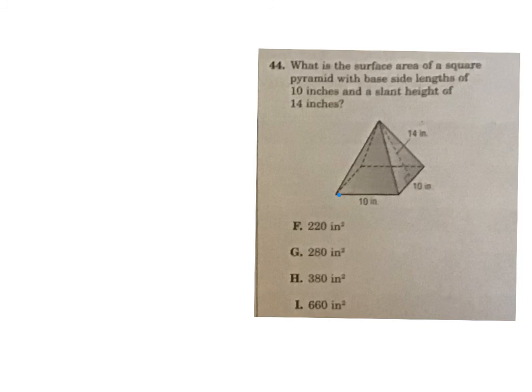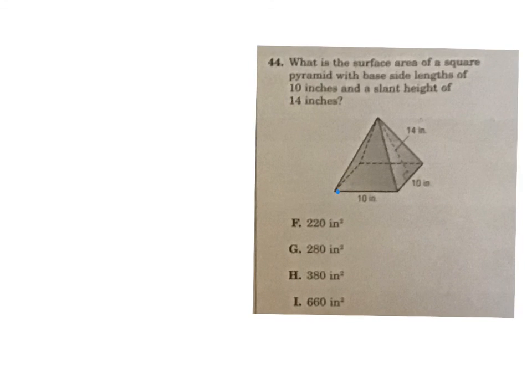Surface area of a square pyramid with the base side lengths of 10 inches and a slant height of 14 inches. All right, so let's do the bottom one here. It is a square. So that, it's a 10 by 10. So the base is 100 inches squared. Then we just have to find one of these triangles. And we can times it by 4. So this is 10 by 14, divided by 2.